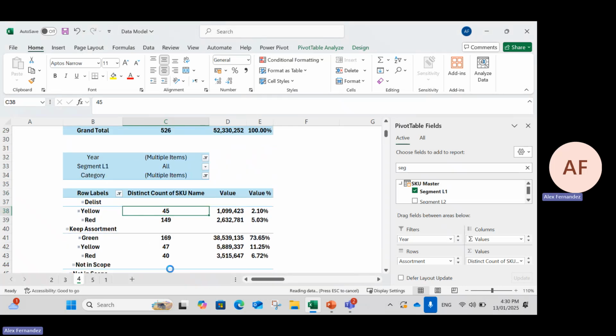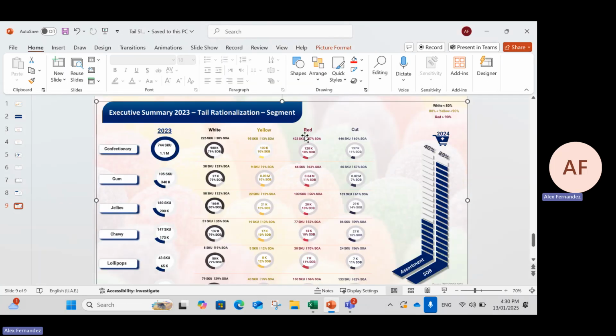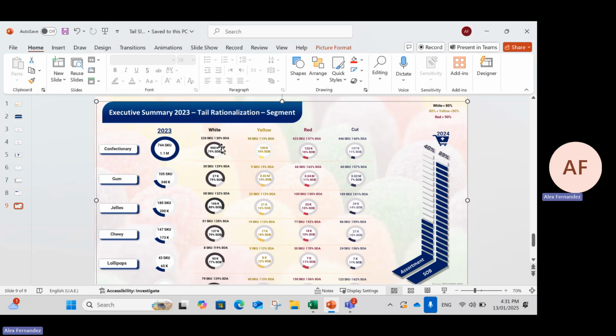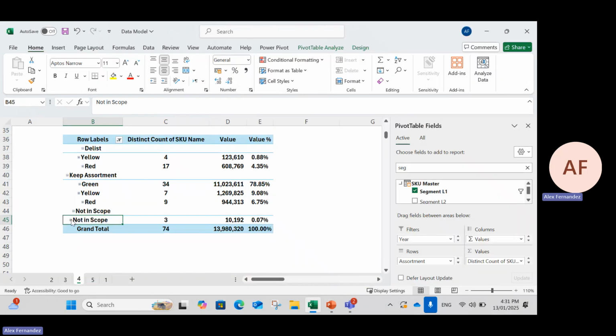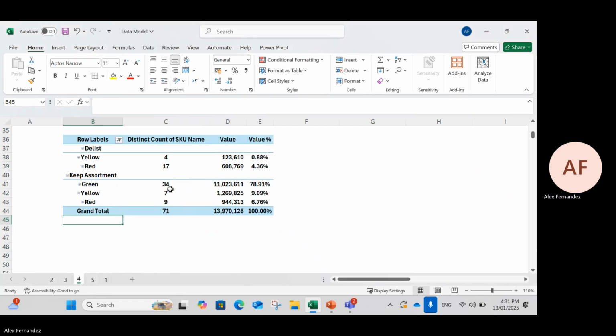So for example, in chewing gum, we go back. So we would like to, for example, in gum, total number of assortment, and we don't include not in scope. So we only go green, yellow, red. So this one, let's filter this one out.